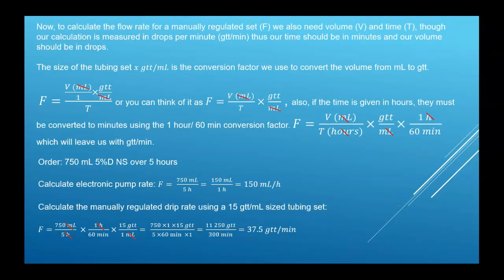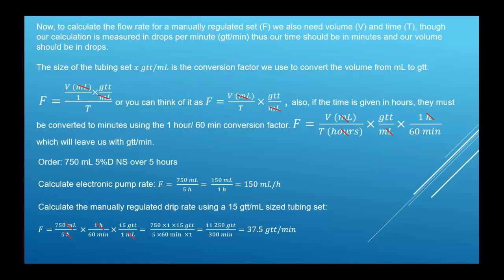So to perform your calculations, a flow rate is an amount of fluid per unit of time. So it's either going to be an amount per 1 hour or a number of drops per 1 minute. So it's basically flow rate equals volume over time.